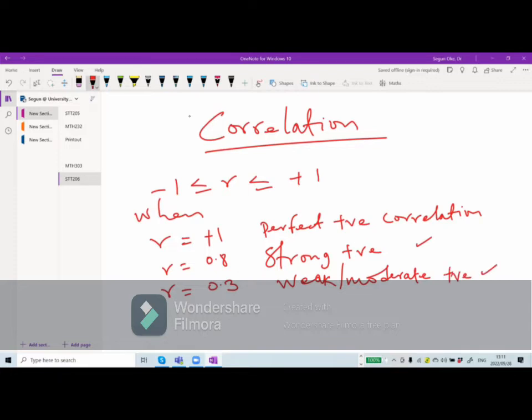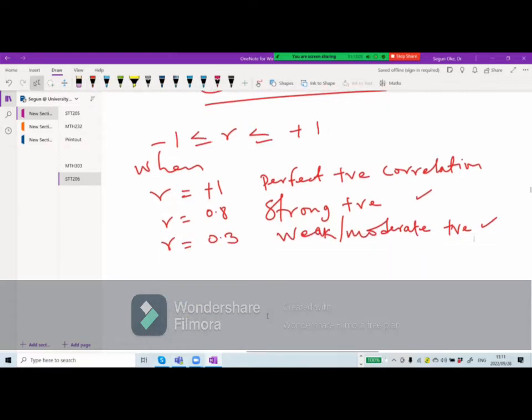The opposite is when you have R equal to 0. R less than or equal to 0.3: 0.3, 0.2, 0.1, 0.001, all those ones, they are weak. But when your R equals 0, you have no correlation.